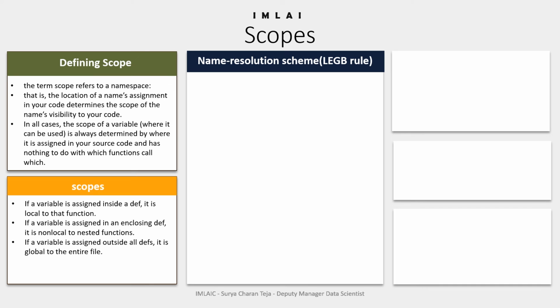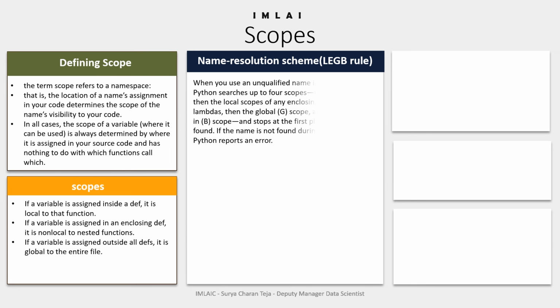This is what we call the name resolution scheme: L local, E enclosing, G global, B built-in, the LEGB rule. Second, name assignments create or change local names by default. Third, global and non-local declarations map assigned names to enclosing module and function scopes.